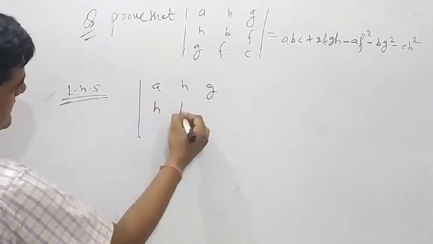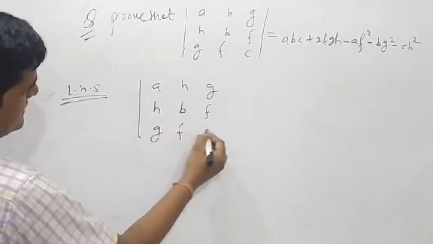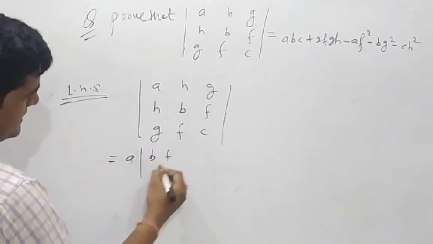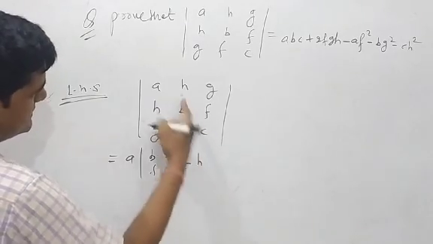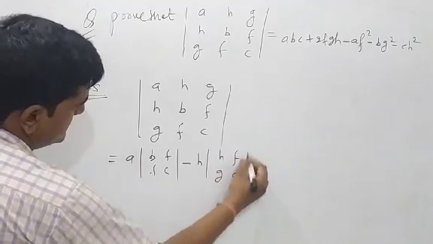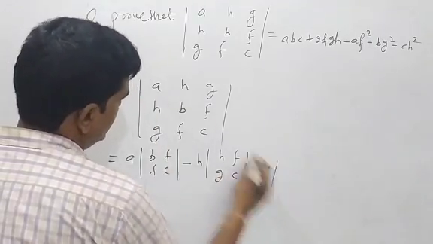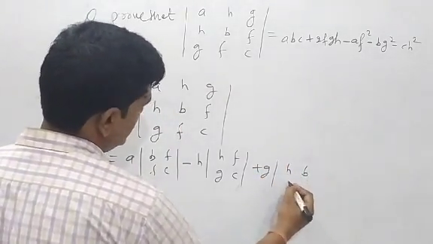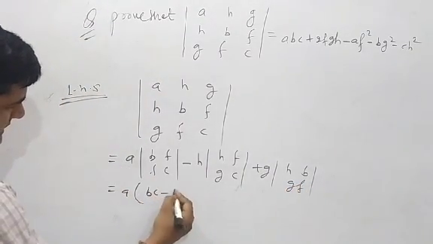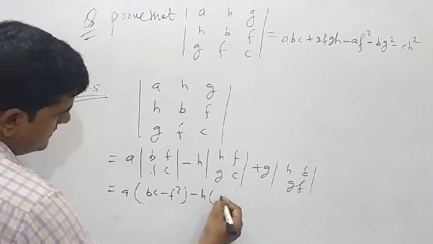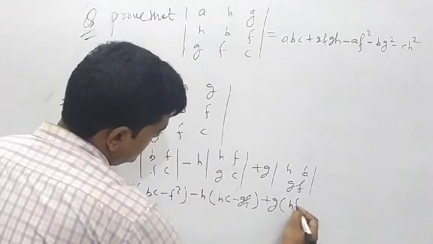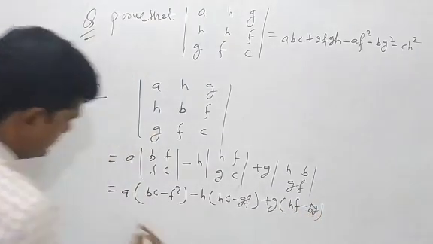A H G, H B F, G F C is equal to what? A cancel, BF, FC, minus H cancel, HF and GC, plus G cancel, HB and GF. BC minus F square, HC minus GF and HF minus BG.